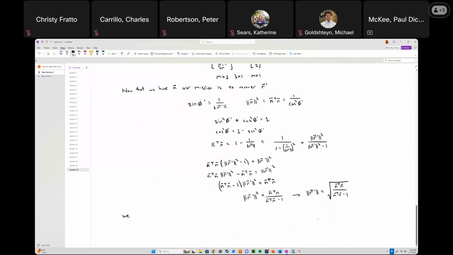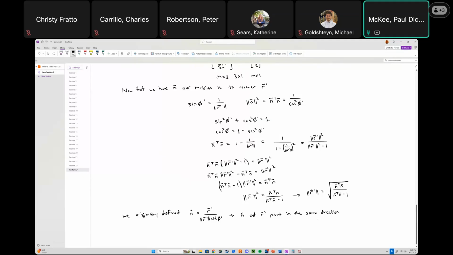We originally defined that n is just r prime divided by the norm of r prime and then cosine of phi prime. Okay. By that same merit, cosine of phi prime is a scalar. The norm of r prime is a scalar. We know that n and r prime point in the same direction.